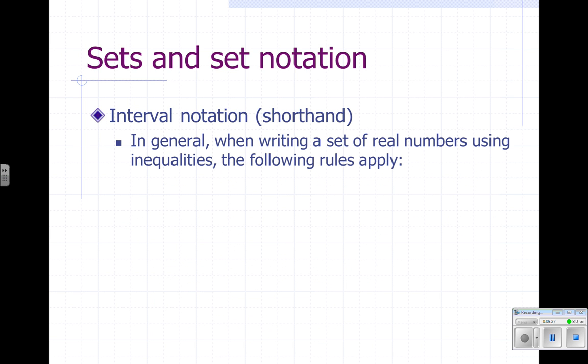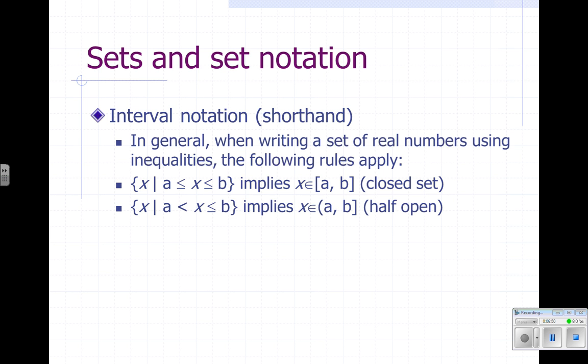So in general, when writing sets of numbers using interval notation, here are our rules. If we say the set of all x such that x is between two fixed endpoints a and b, including the endpoints, we're going to write two square brackets where a and b are inside of those brackets separated by a comma.